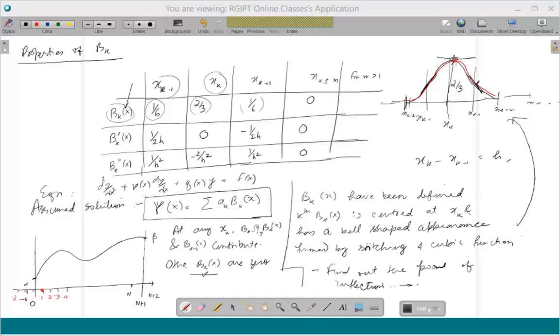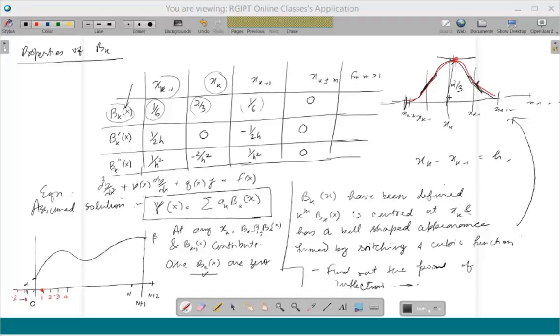Now if you have the last terminal points, B0 would be contributed by B_{-1}, B0 and B1, right? And similarly, the n plus 1th point value would be contributed by B_{n+2}, B_{n+1} and B_n.